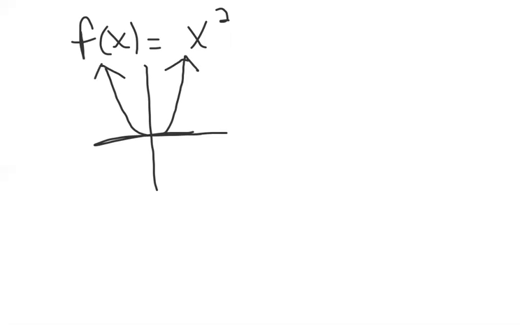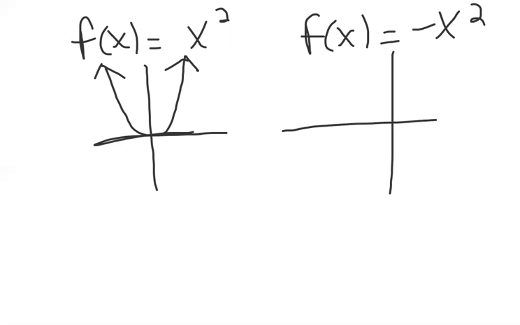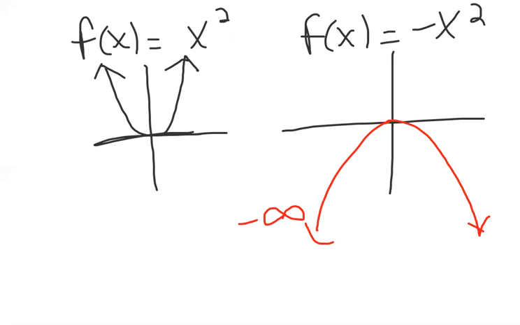But if we are going to transform this so that it reflects over the x-axis, this would have a negative leading coefficient, and that negative leading coefficient will allow the graph to open downwards towards the negative side of the y-axis. In other words, it's decreasing on the left to negative infinity, and it's decreasing on the right towards negative infinity. So the graph is decreasing. This one is increasing. The parent function is increasing, but the reflection of the graph is decreasing.